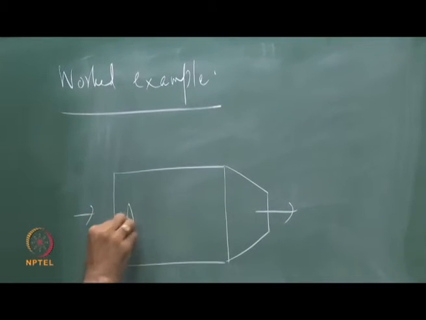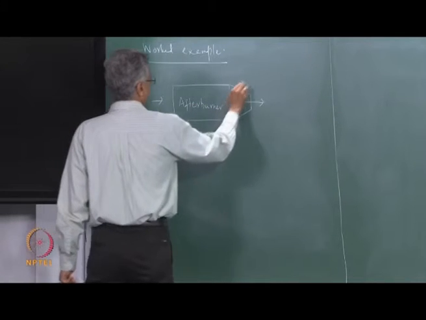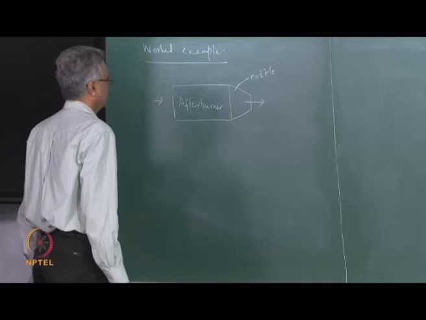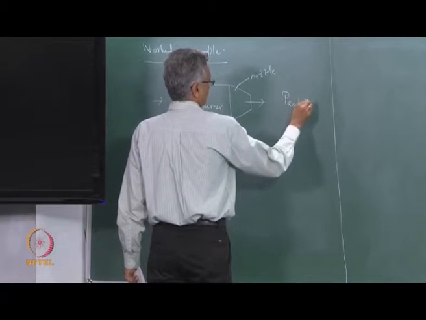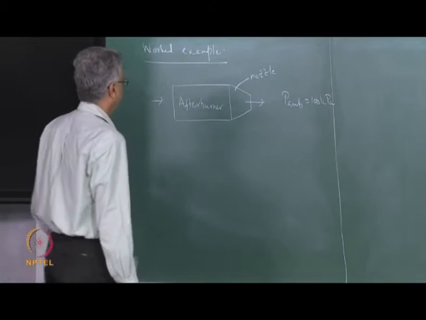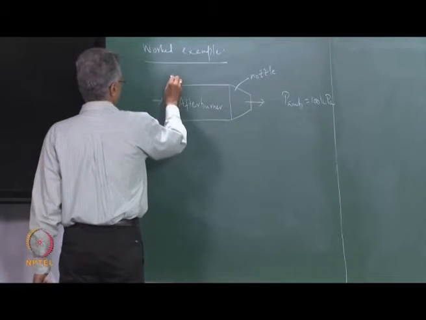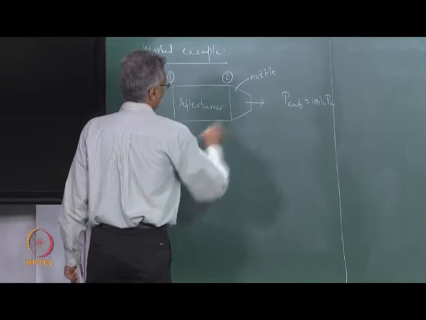This is the afterburner, constant area afterburner, and this is the nozzle. The ambient is 100 kilopascal. Let us call this 1, let us call this 2, and this is the exit section.